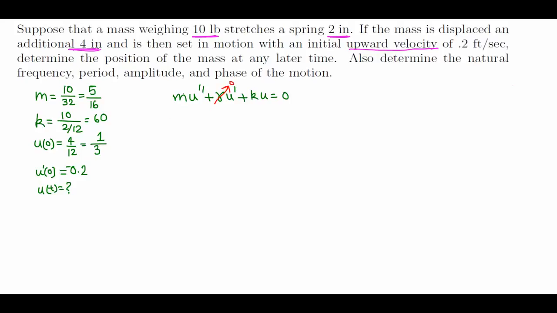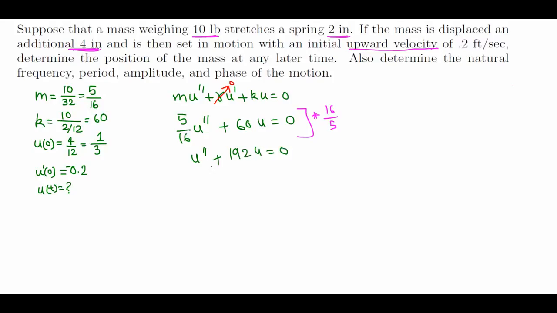So m is 5/16, u double prime plus k is 60 u equals 0. Now let's divide by 5/16, which is multiply by 16/5. Then we get u double prime plus 60 times 16/5, that will be 5 goes 12 times, 12 times 16, 192 u equals 0.